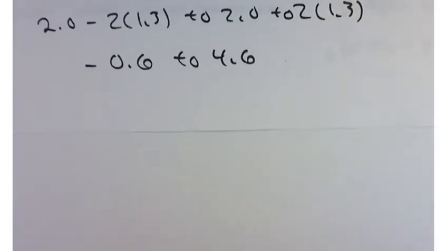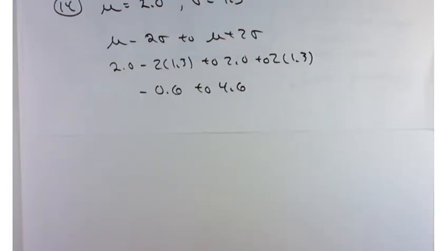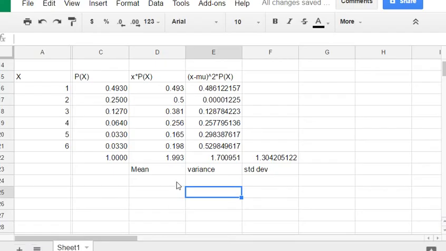Let's be careful as we apply that to our particular problem. So we get a range of values from negative 0.6 to 4.6. What's that say the unusual values are for our particular distribution? Yeah. If you have to wait 5 or 6 rolls before you get a winner, then that's unusual.